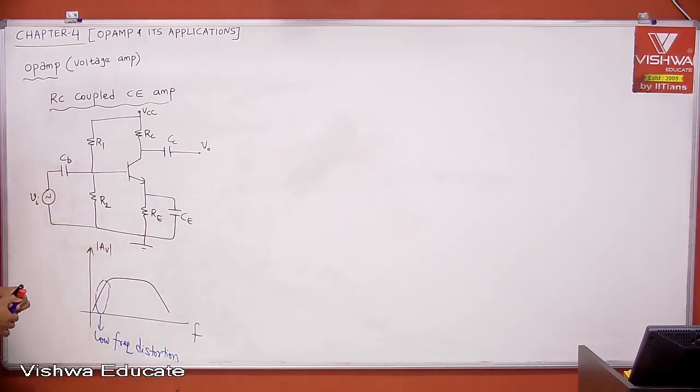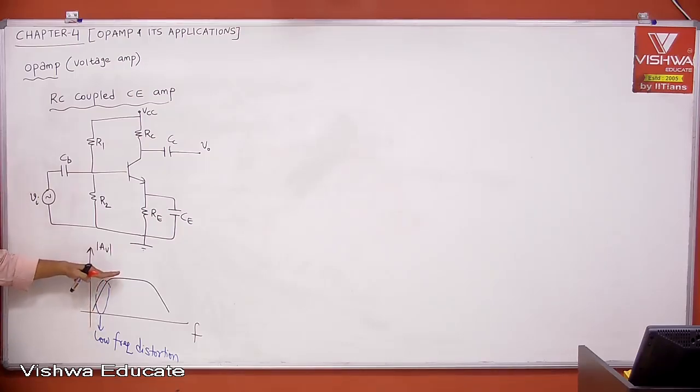What is the reason for this? If gain is not constant, that is what is called frequency distortion. But for low frequencies, we are having frequency distortion, therefore low frequency distortion. Now tell me, what is the reason to have low frequency distortion? I am not expecting high frequency signals to be amplified. At least I want low frequency signals to be amplified along with the mid-range of frequencies, right? Therefore, I want to improve the frequency response like this.